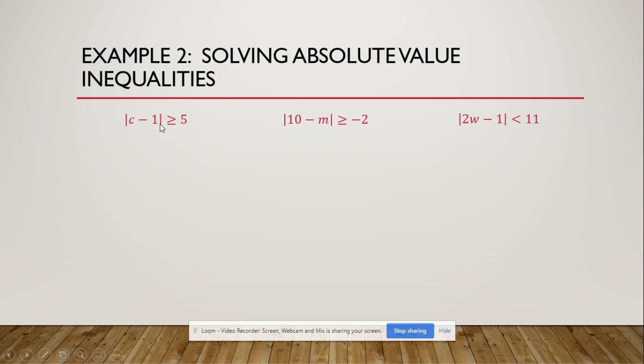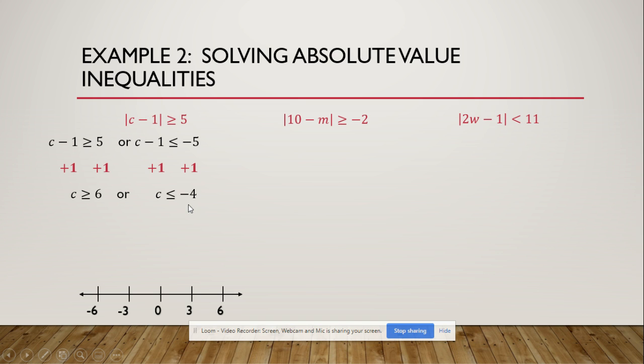Starting right over here, we got greater than this time. Because it says greater than, we're going to be combining them using the word "or." We got -1. We'll add 1 to both sides. So then C is greater than or equal to 6, or C is less than or equal to -4.